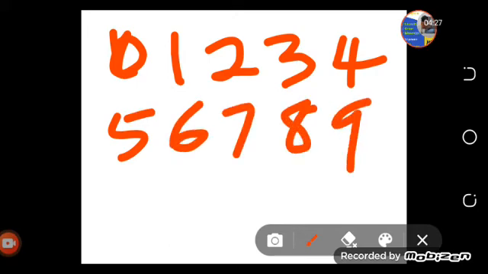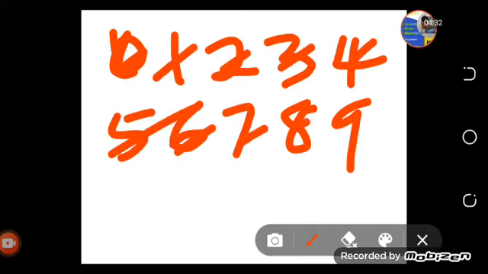That's 10 digits. So any number you want to form must be a combination of one or more of these digits. You want to write 123, or 10,578,999. Everything you are mentioning must be a combination of these. So that's the decimal system.